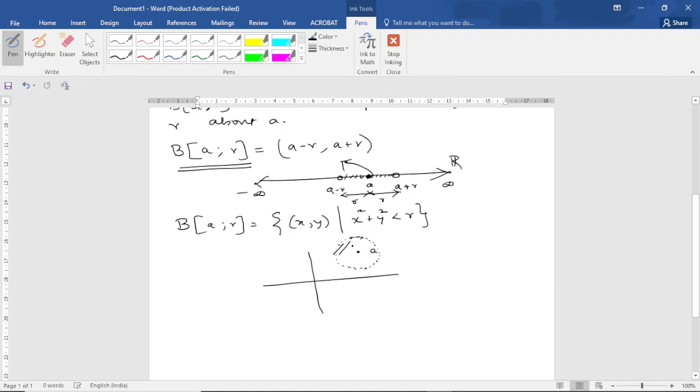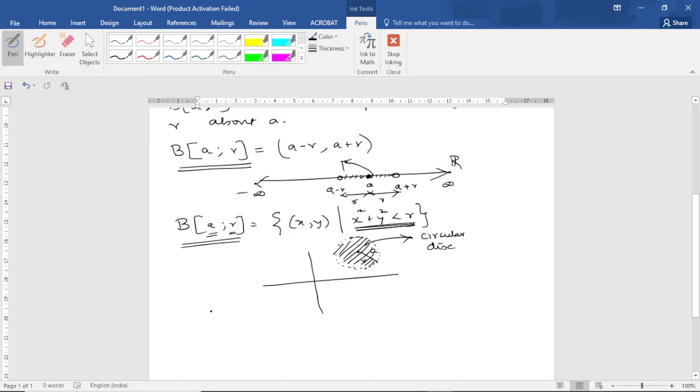All points inside this circle, with center A and radius r, excluding the boundary, form what we call geometrically a circular disk. Any point satisfying this condition is inside this set, and that set we call an open ball with center A and radius r.